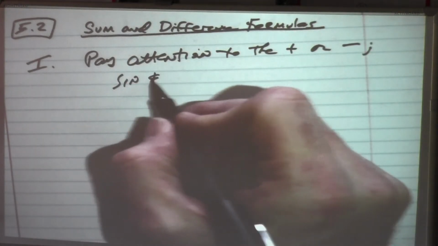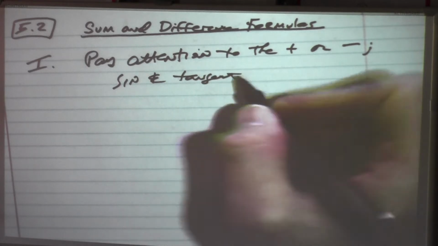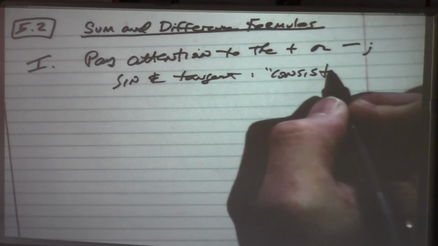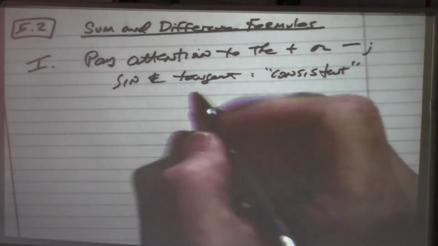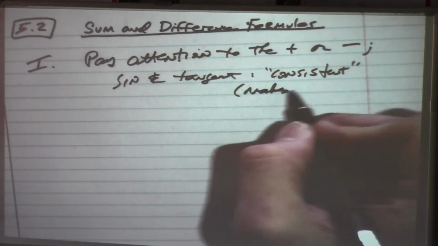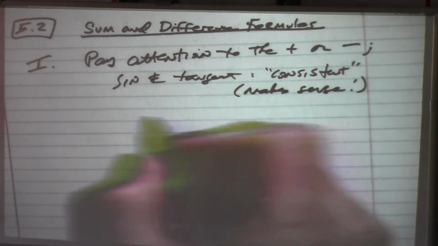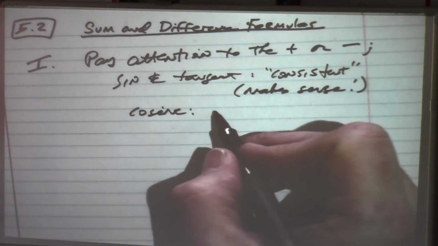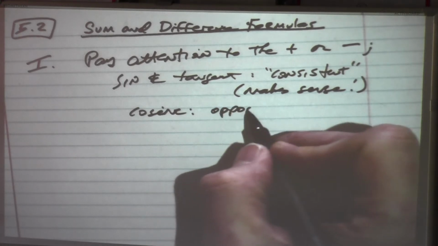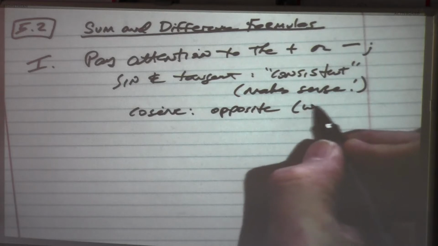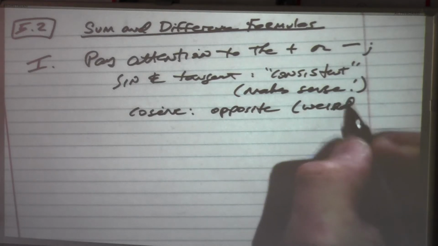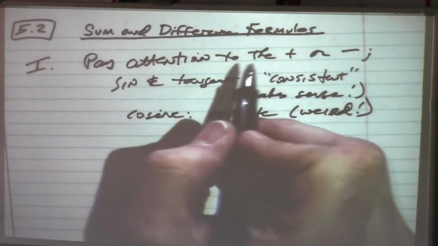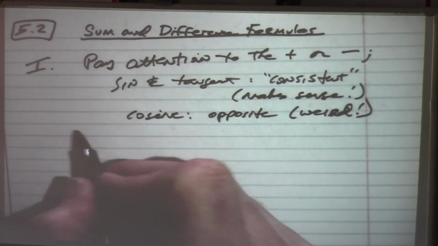Sine and tangent are consistent, I guess that's my way of thinking of it, it makes sense. Cosine, like opposites. Opposite, which I'll say is simply weird. So whatever you want to do to remind yourself, just pay attention to that and make sure that you know that difference in the formulas.